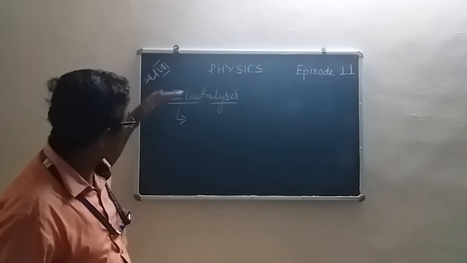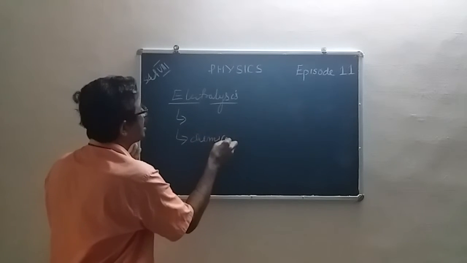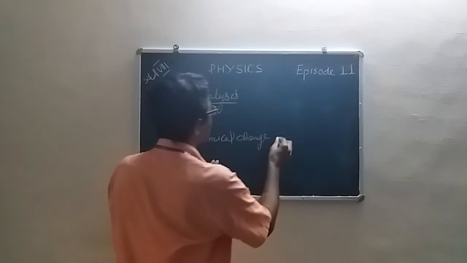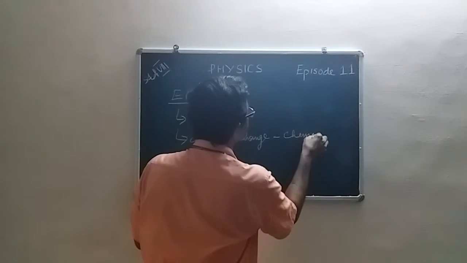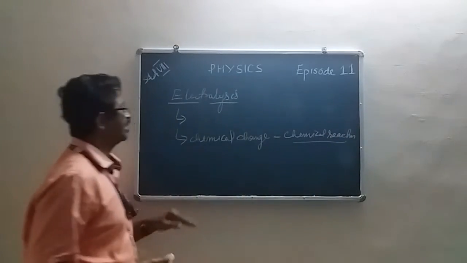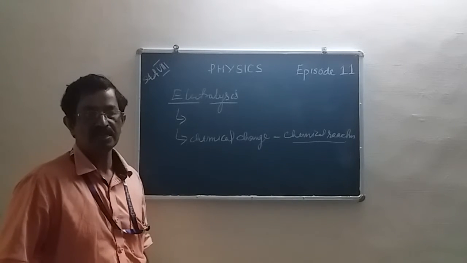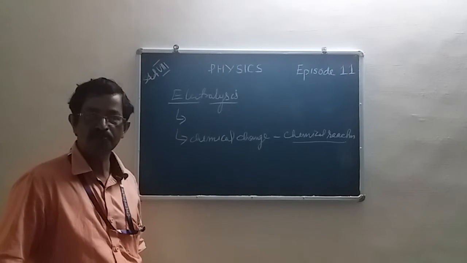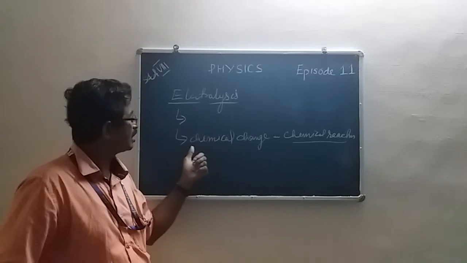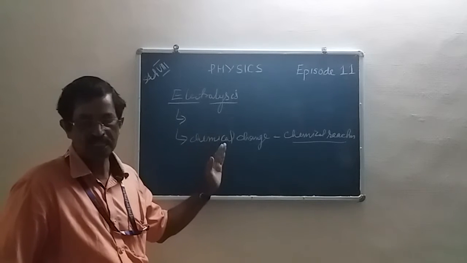Due to this electrolysis a chemical change occurs. Due to this chemical reaction, what things can happen? A new substance can be formed, that is, gases are formed, as in our observation before.